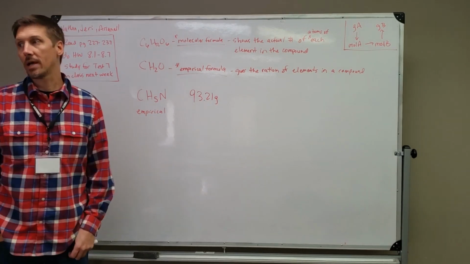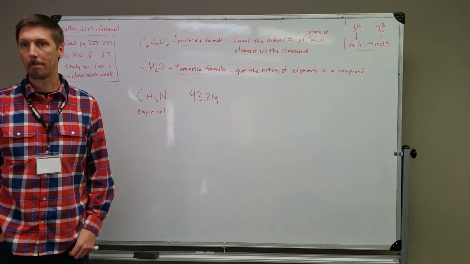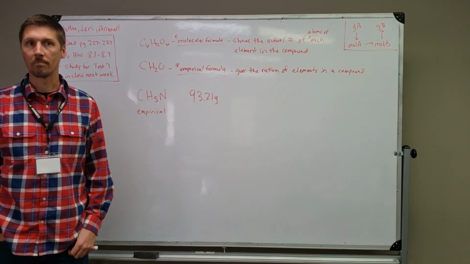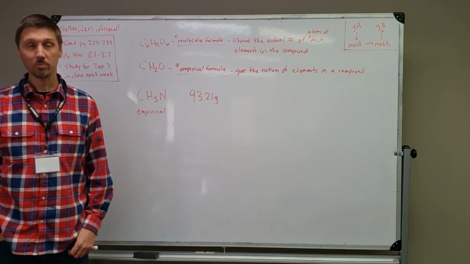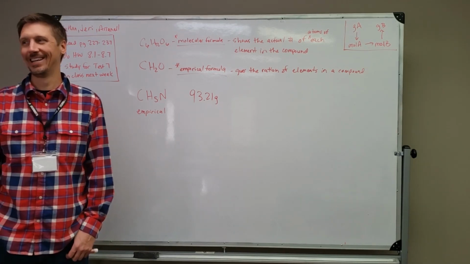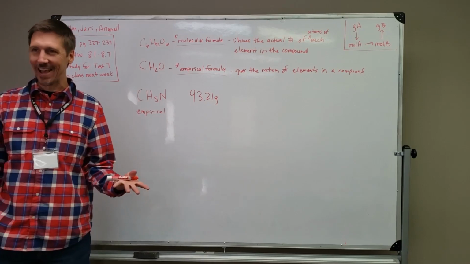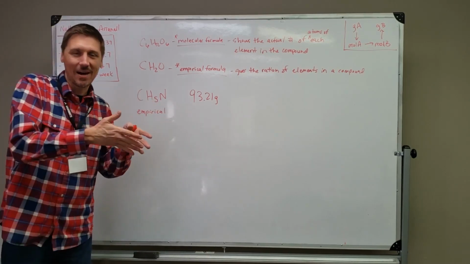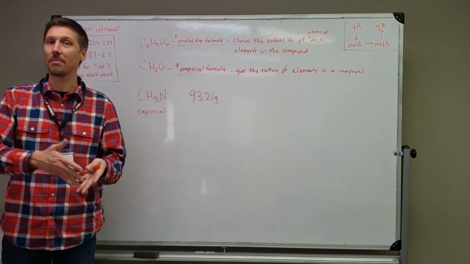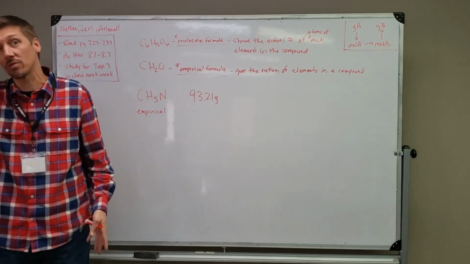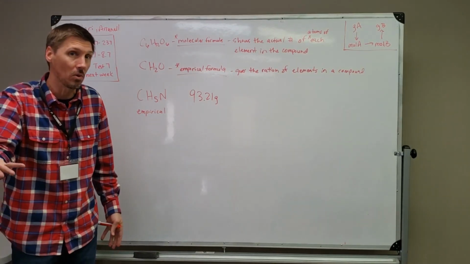How do we find the molar mass of a compound? We just did it a bunch of times. We find the atomic mass, and then we say, if this is the atomic mass, then 1 mole of that compound equals this many grams, right? That grams is what we call the molar mass.